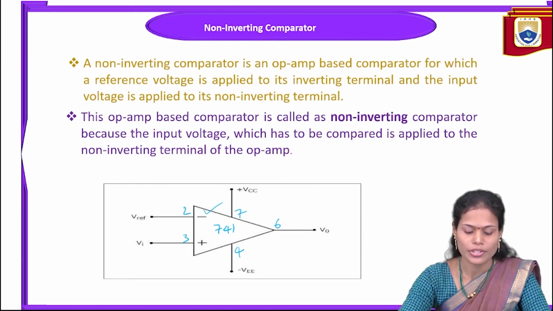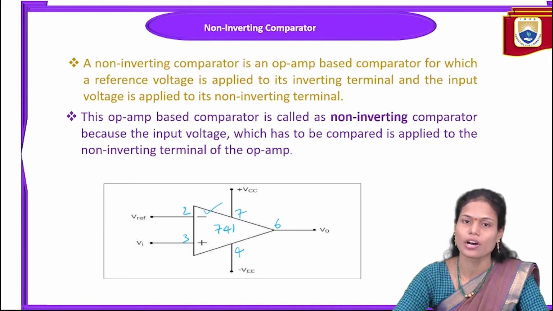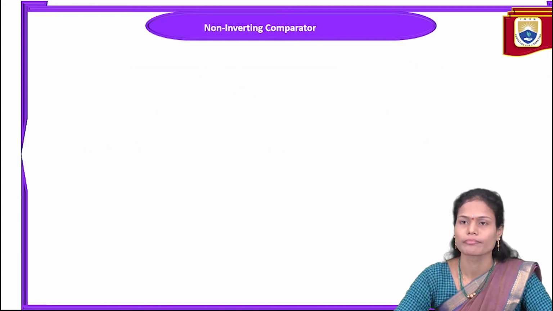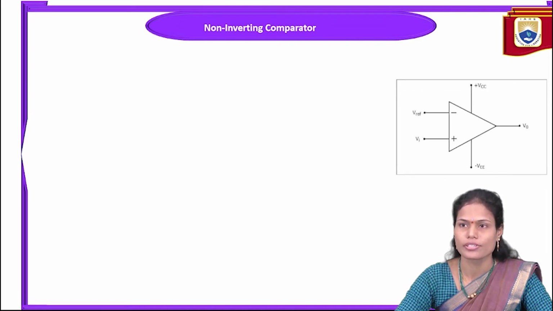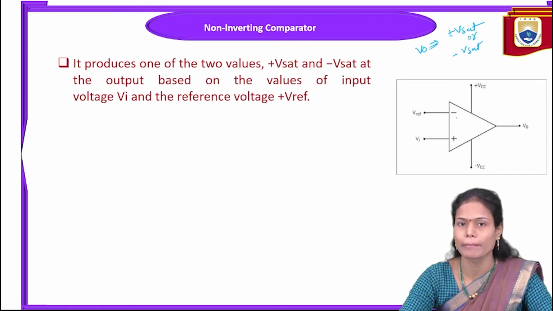I have already mentioned, whenever we apply the input to the non-inverting terminal, that is the non-inverting comparator, and it will compare the reference voltage and the input voltage applied to the inverting and non-inverting terminals of the operational amplifier. In the output it may give either plus V saturation or minus V saturation, depending upon the applied input signal.